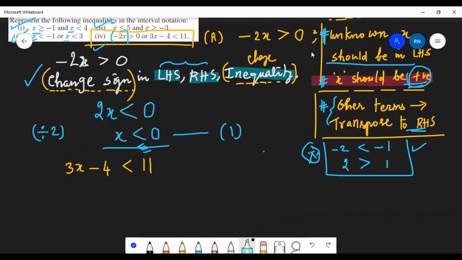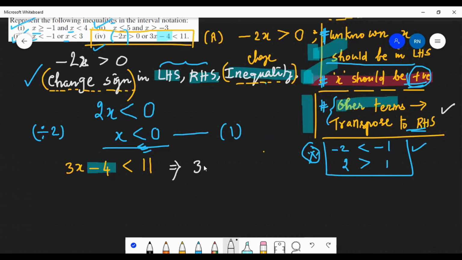So rule 1 and rule 2 are satisfied. Now I have to satisfy the third one: other terms to be taken to the right side. Apart from x there is a -4. So I have to push it to RHS.